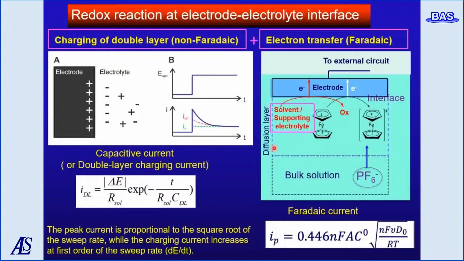For charging current, once the potential step is applied, the current decays in an exponential manner. On the other hand, the Faraday peak current is proportional to the square root of the sweep rate.